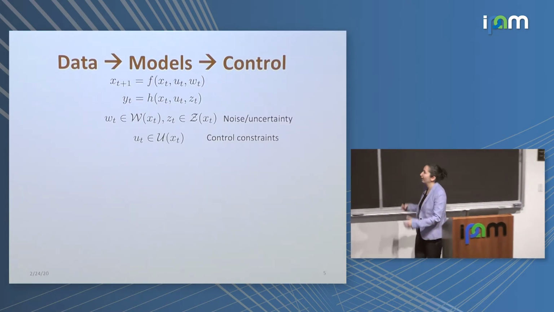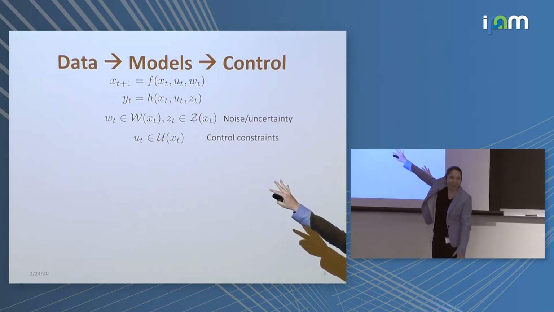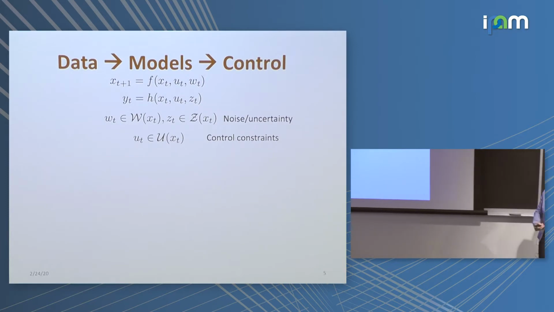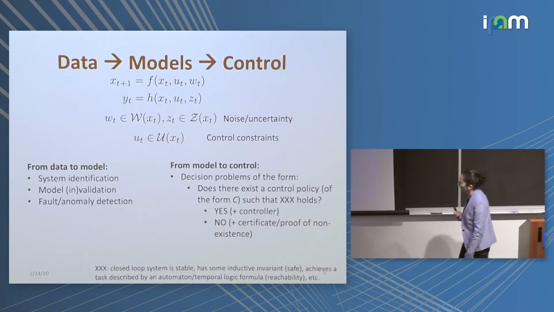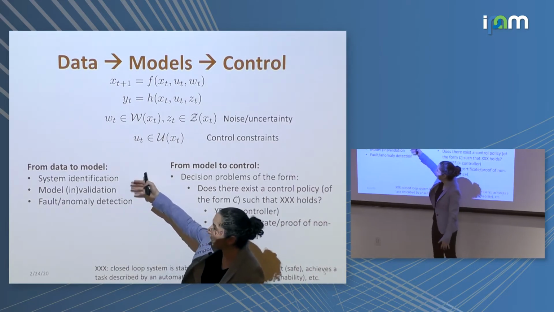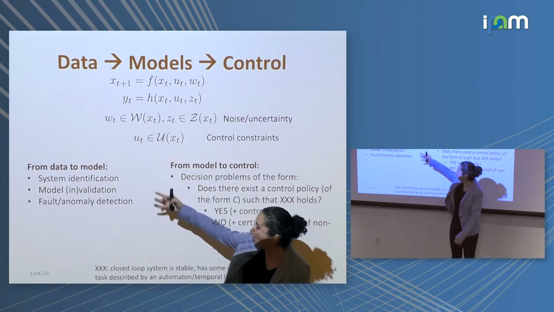Even if I have data, I want to go from data to models. Then if I have the model, I know how to do control, and I know how to do a couple of different things with the models as well. So in the context of from data to models, the problems that I study are system identification, model invalidation.